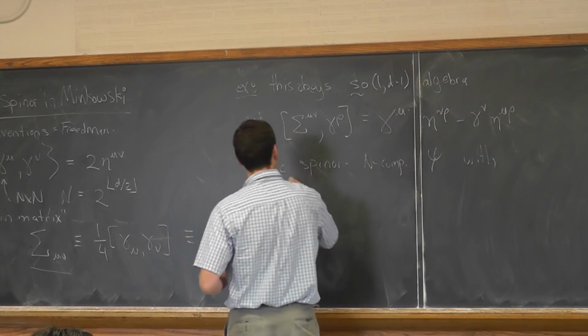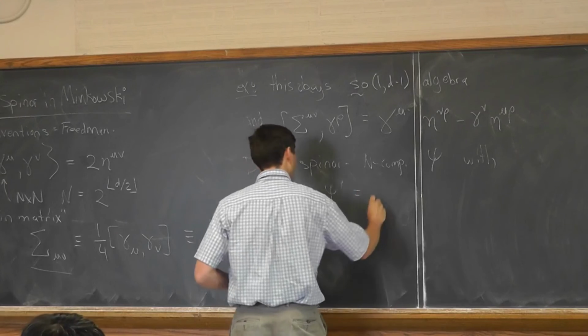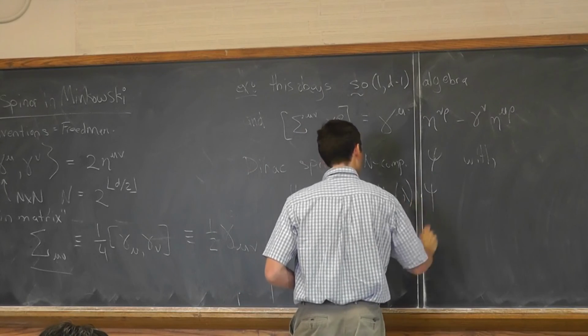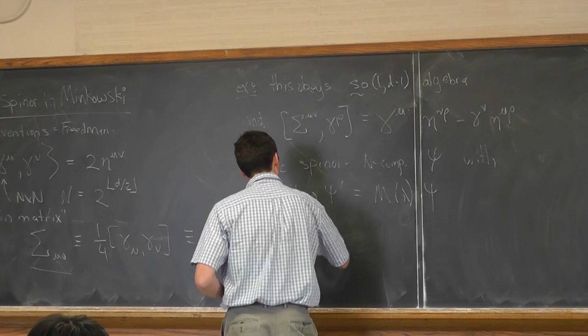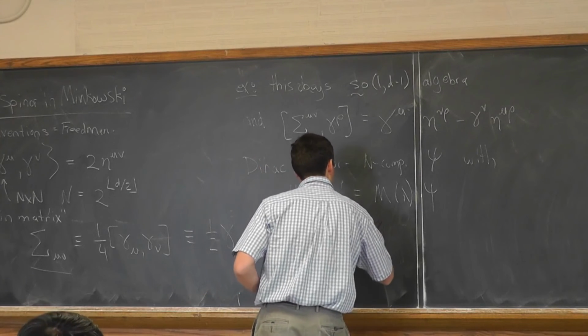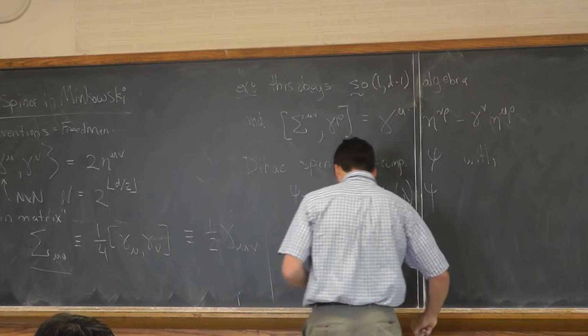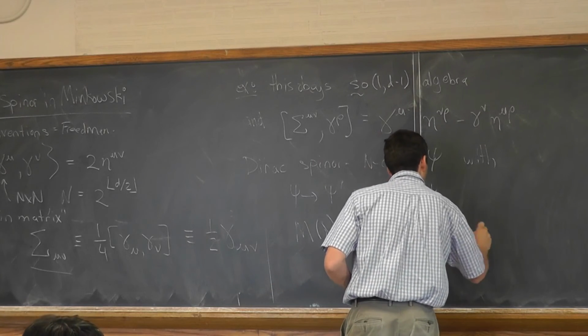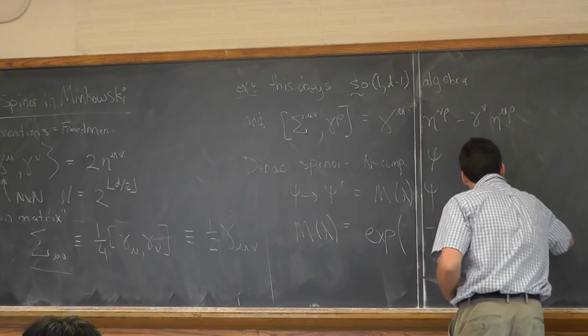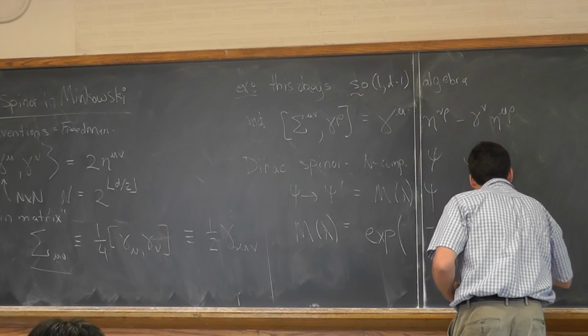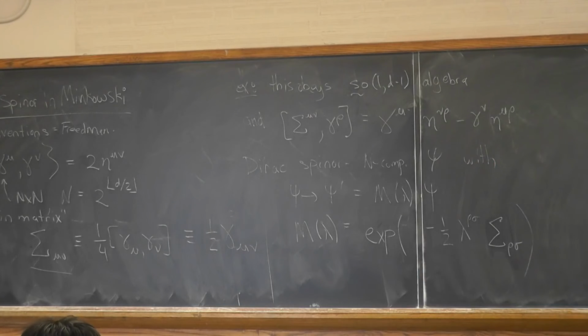It transforms as psi prime equals M of lambda psi, where M of lambda is e to the minus a half lambda rho sigma, big sigma rho sigma. All these generators have the N by N indices that act on the components of the object psi.